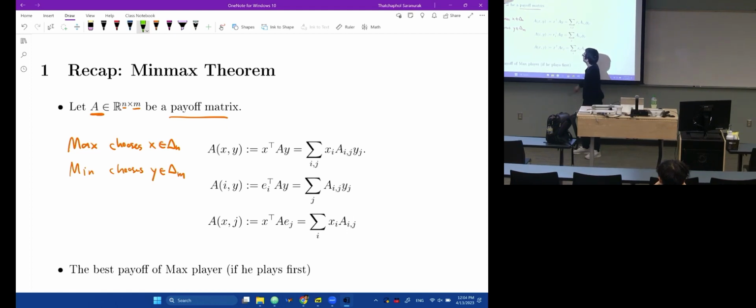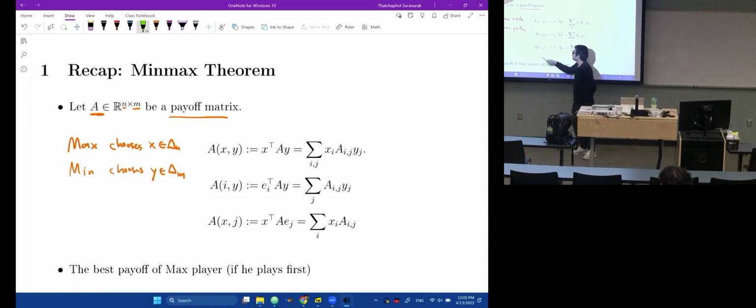I will also use this notation: if x, instead of being a distribution over rows, just chooses one row i, I will write A(i,y), where the max player chooses the ith row. The expected payoff is then e_i times A times y, which is just the sum over all j of A_ij y_j.